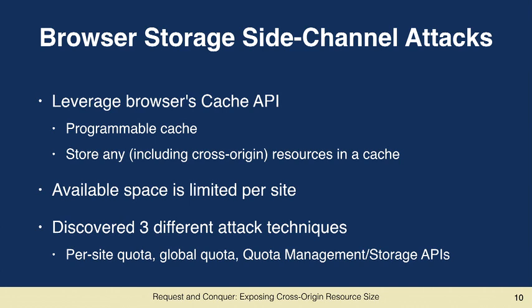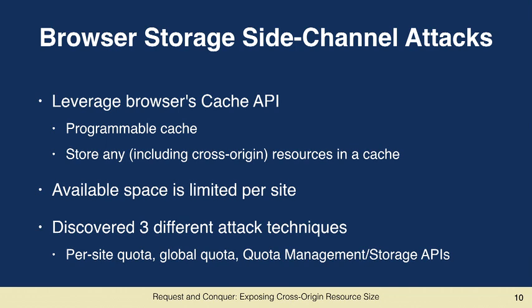Now I'll move on to the side channel attack, leveraging the browser storage. Modern browsers now have a cache API, which allows web developers to program the cache. This means that any resource, including cross-origin ones, can be stored into the cache.